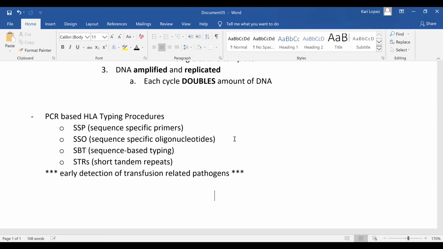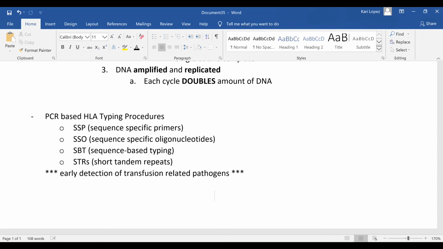Or like the flu, if you test negative, they might call you back in a week and test you again. So it means that the titers aren't high enough yet for that lab test to detect the virus. So through PCR, they amplify and multiply the DNA sequences so it's detectable at an earlier rate. Okay.